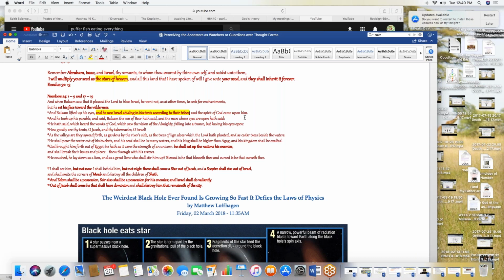And the Spirit of God came upon him. And he took up this parable and said, Balaam, son of Beor, hath said, and the man whose eyes are open hath said, he hath said, which heard the words of God, heard from his higher self, not with his physical ears, but with his spiritual ears, which saw the vision of the Almighty, falling into a trance, but having his eyes open.